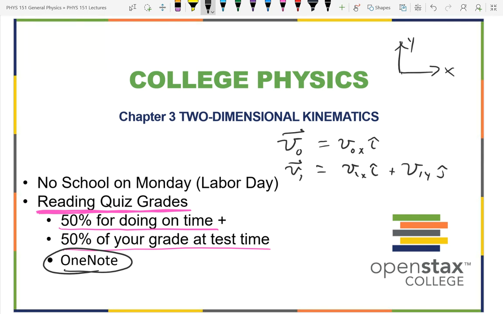I hat and j hat is a standard, not the standard, a standard way of indicating X and Y directions.